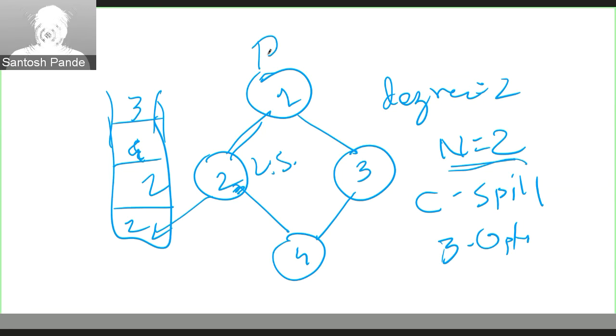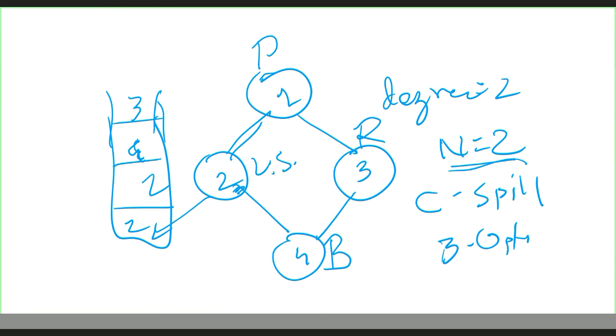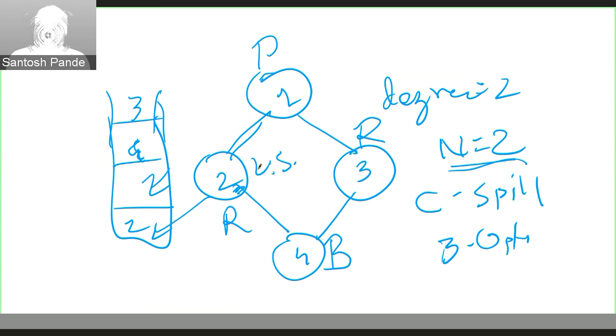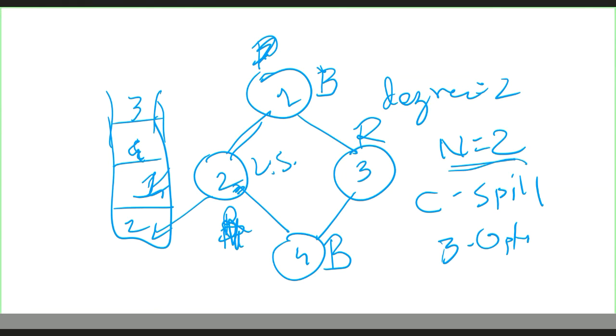So let's say 3 was colored first, so that was given red. 4 was colored next, that was colored blue. And then we had to color 2. Obviously we can't give blue, so we tried giving red, and that worked. Oh sorry, let's do it again.